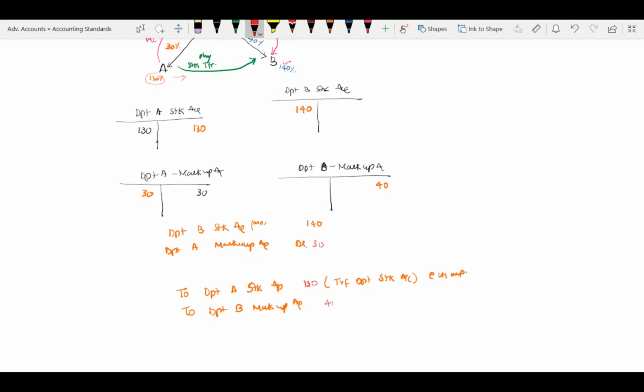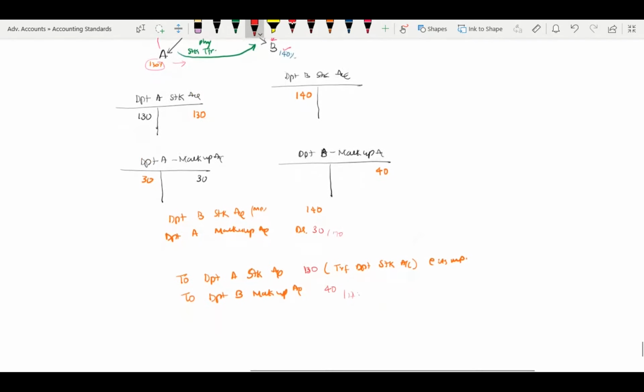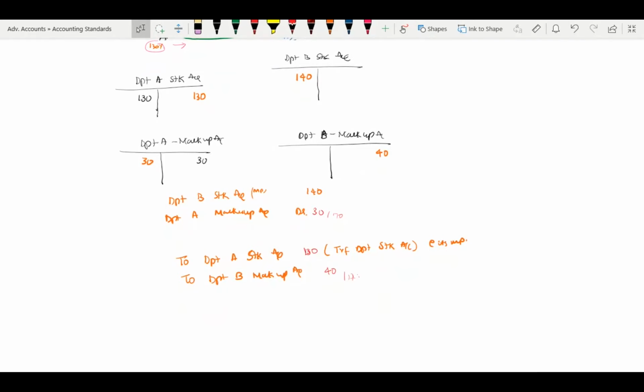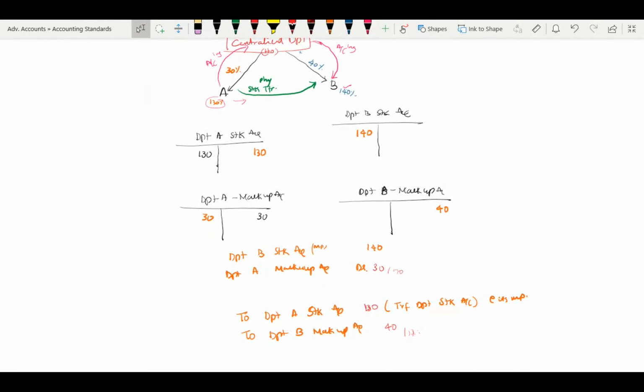Now if you see, your entry will tally. This is 170, this is 170. So you can copy this example.